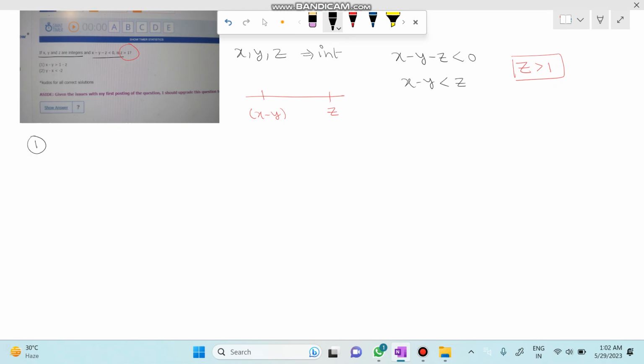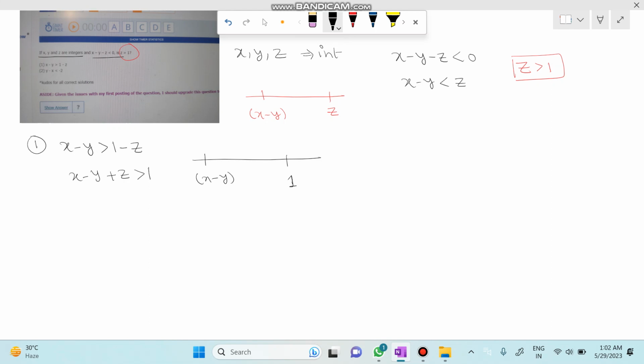Now the first statement is x minus y is greater than 1 minus z. Again, a bit of transformation that we will do. x minus y plus z is greater than 1, right? I'll just put these 2 points, I'll put x minus y, I'll put 1.